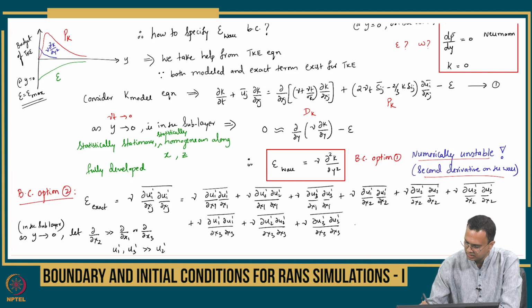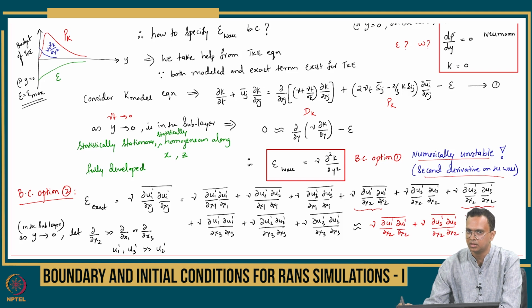So this approximately becomes only this one and this one: nu ∂u1'/∂x2 ∂u1'/∂x2 average plus nu ∂u3'/∂x2 ∂u3'/∂x2 average. All others are higher order terms here.